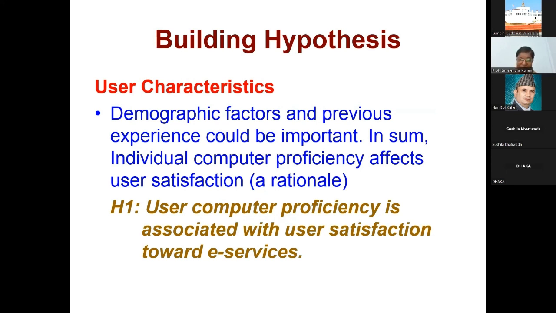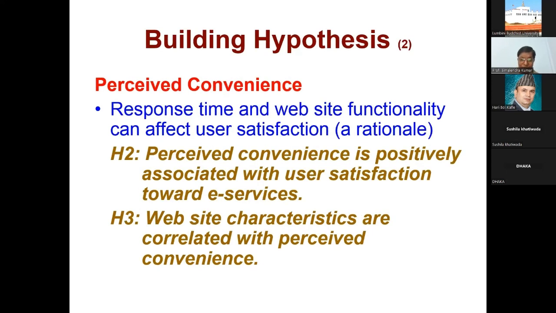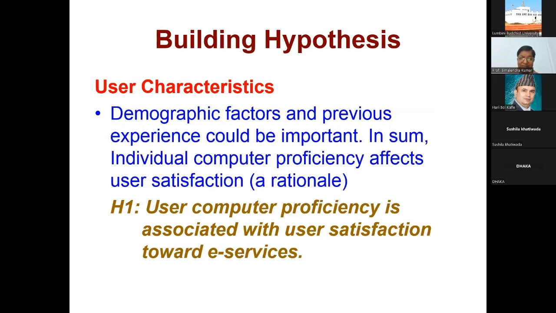So here, for example, user computer proficiency is associated with user satisfaction towards e-services. Again, perceived convenience. In the first case we have seen that in building a hypothesis, the demographic factors and the previous experience could be important.